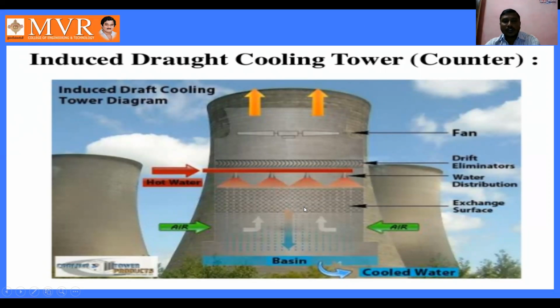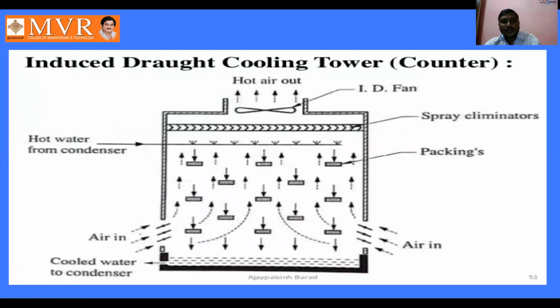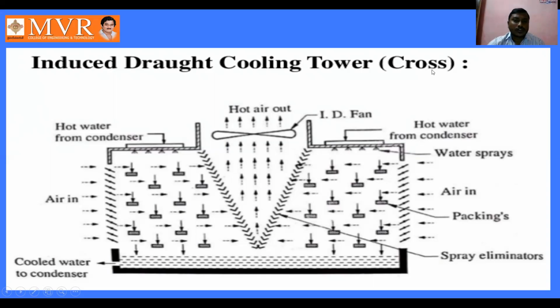This is what the induced draft cooling tower is about. In the induced draft cooling tower, first we studied the counter flow, and now we are studying the cross flow.